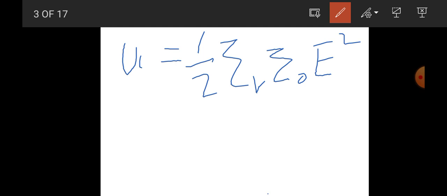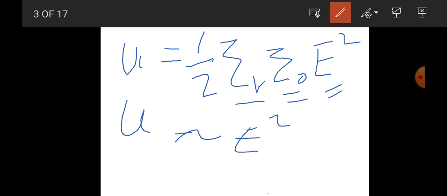Energy density is equal to 1 over 2 times relative permittivity of the dielectric materials inserted between the plates times the permittivity of free space times E square, electric field strength formed between the two plates square. From this mathematical expression, energy density is directly proportional to electric field square.